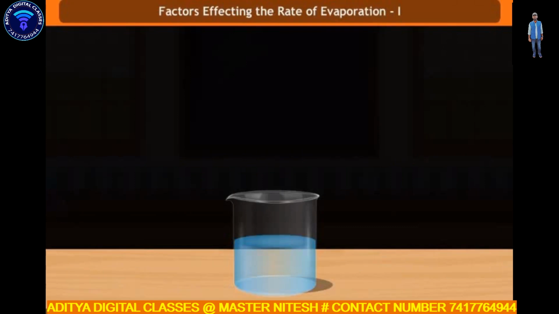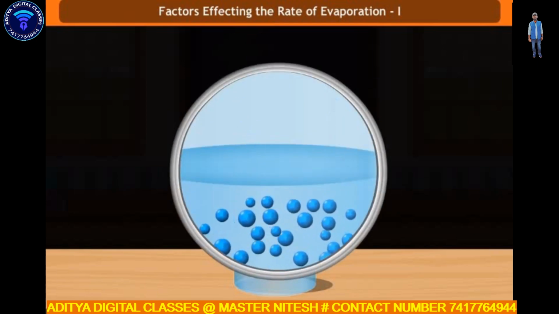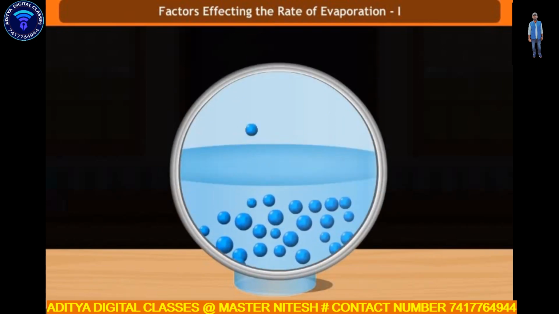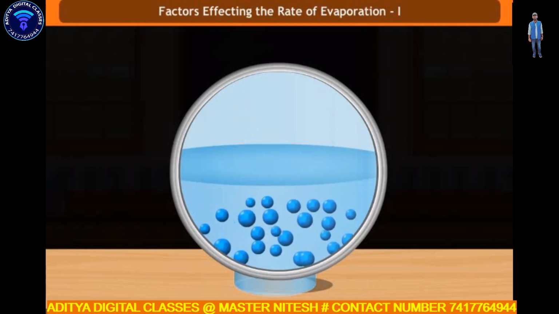Factors affecting the rate of evaporation. In liquids, different particles have a different amount of kinetic energy at a given temperature. So the small fraction of particles present on the surface having higher energy break away from the force of attraction that binds them with other particles and get converted into vapors.